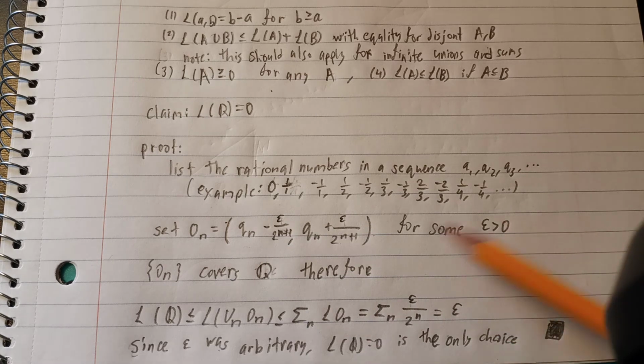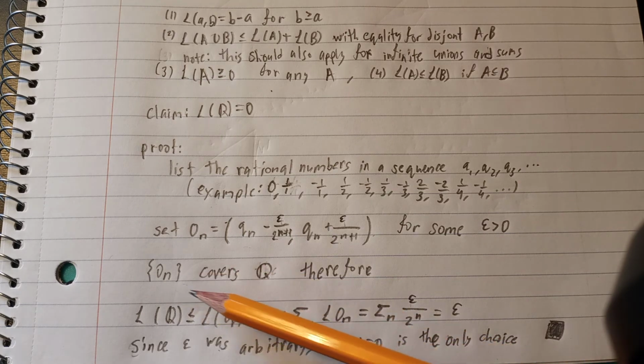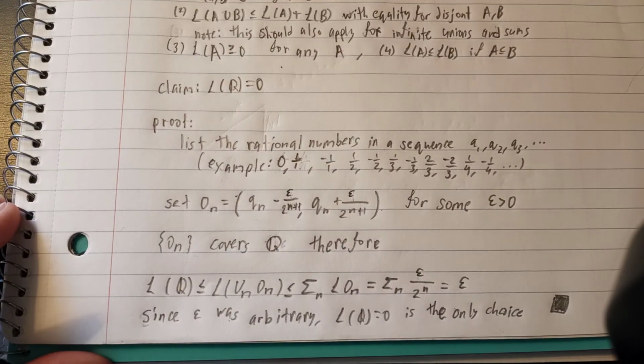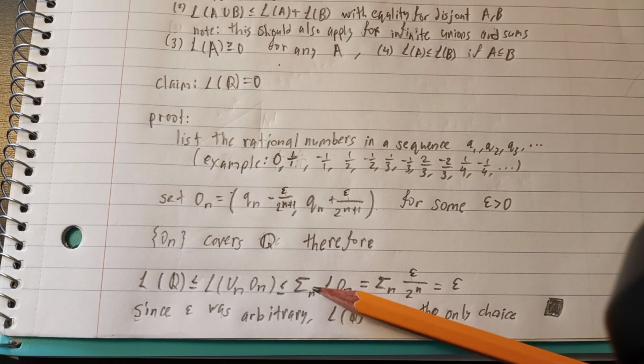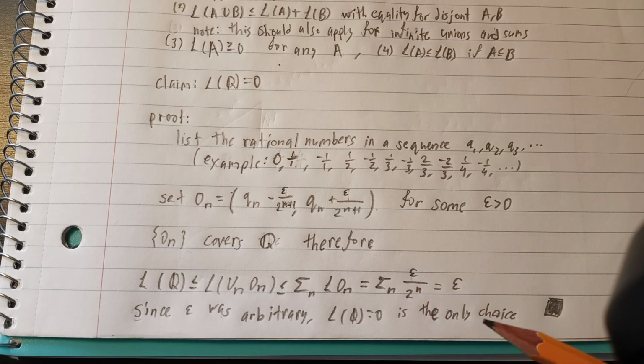So Q is a subset of the union. So therefore, we can say that the length of Q is less than or equal to the length of the union, which is less than or equal to the sum of the lengths of each individual interval, which is equal to the sum of epsilon over 2 to the n, which is epsilon, just by the geometric series formula.